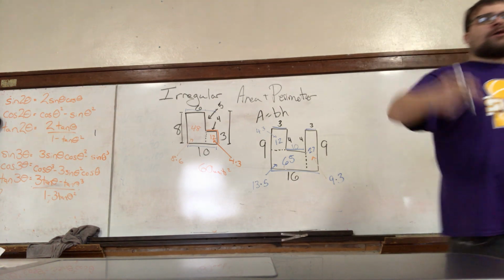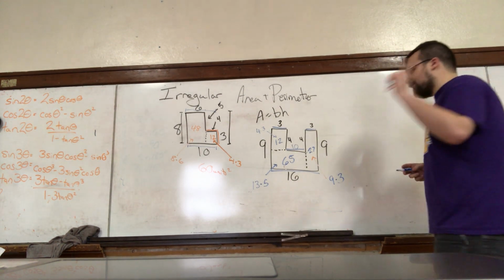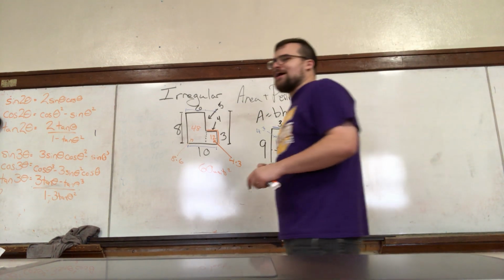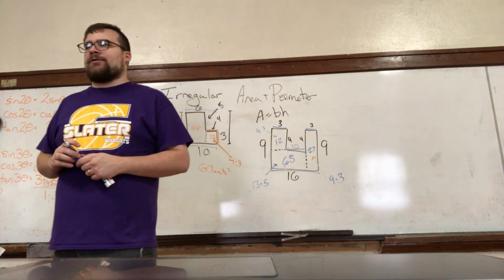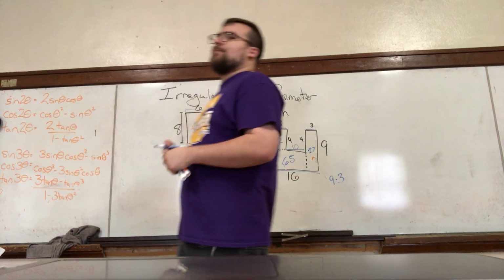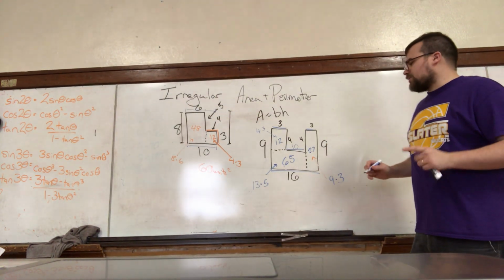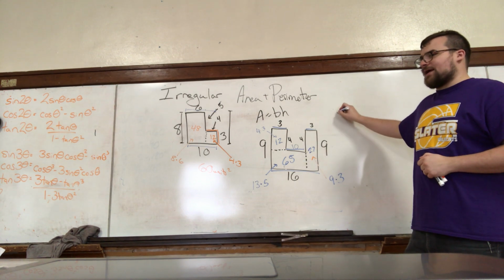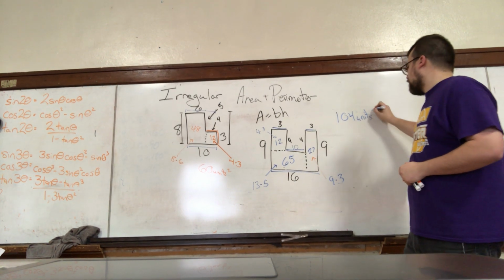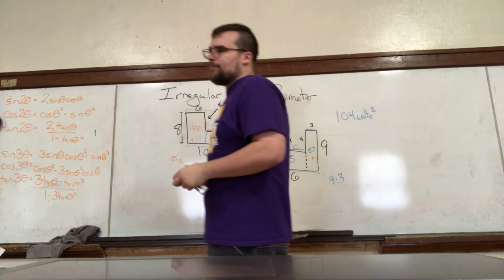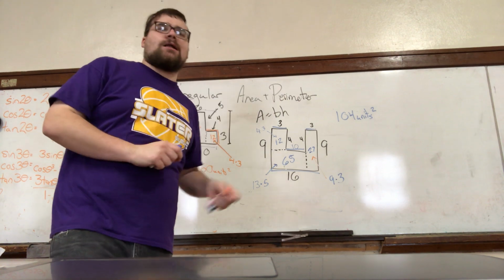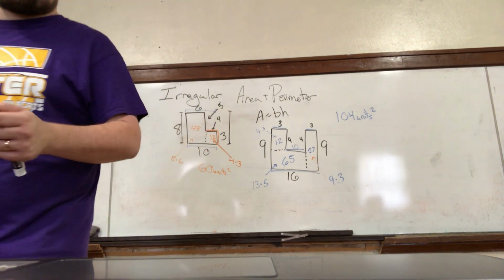So in total, Connor, 104. 12 plus 65. All right, quiet down, everyone. Please. All together, these areas are going to add to 104 if Connor is to be trusted. Units squared. All right. That is irregular polygons. We're going to do a couple more examples of this.